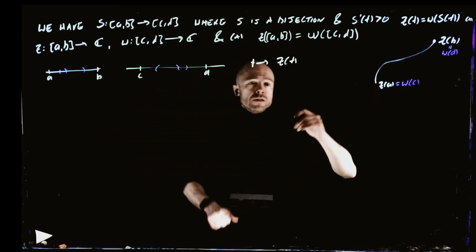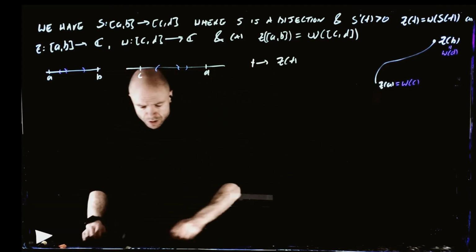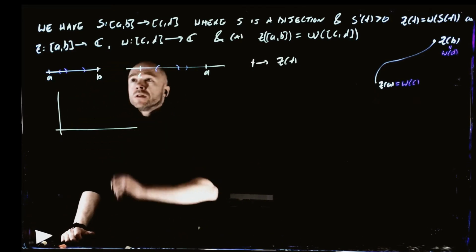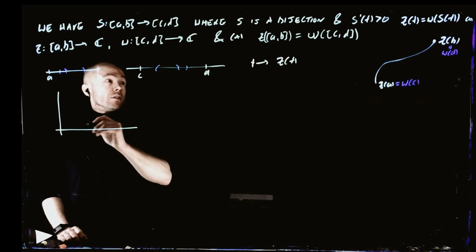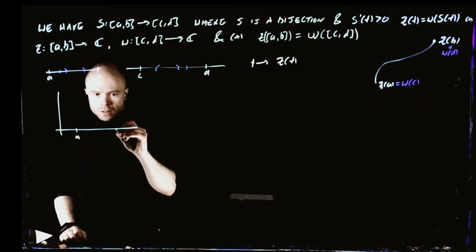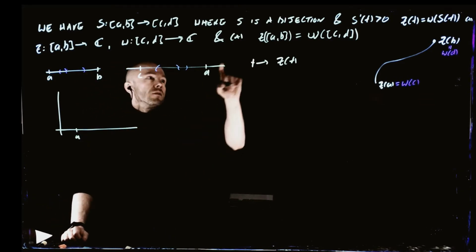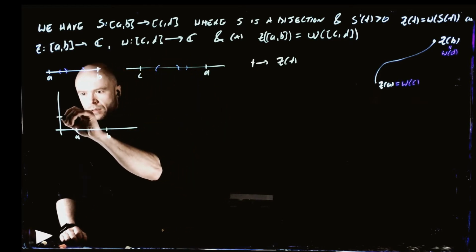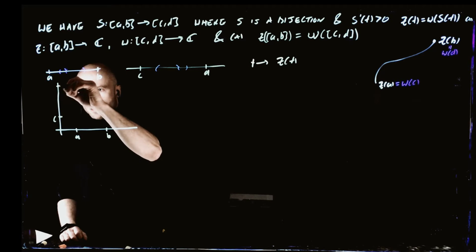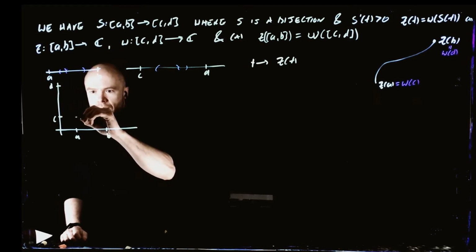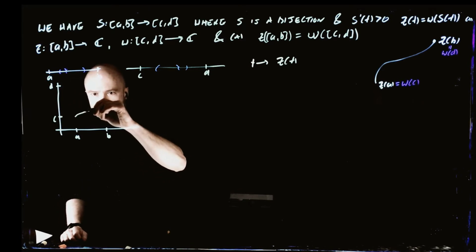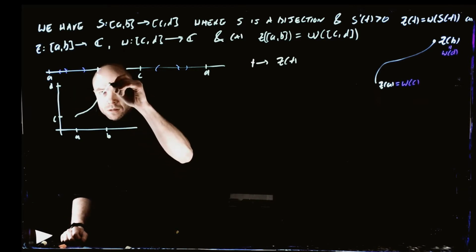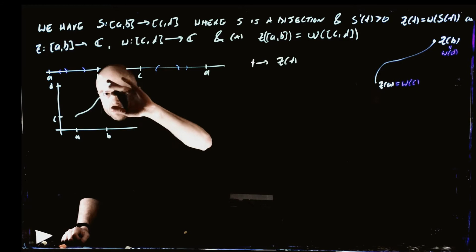So if we're going to do a graph of this thing, what would it look like? This is A to B, and this is C to D, say. Then it is an increasing function. We know it's increasing just because it's got to be bijective.